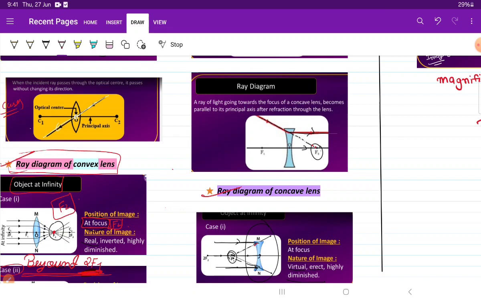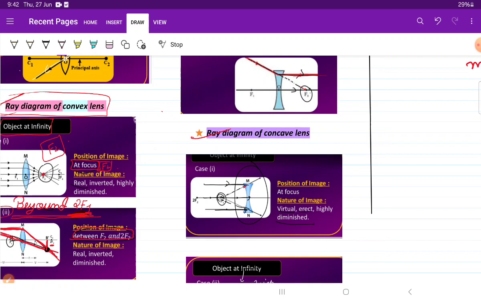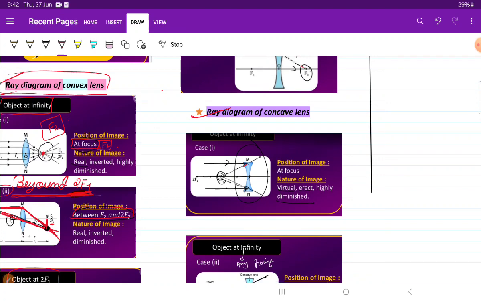One ray is coming from infinity and becomes parallel to the principal axis. Second law, the ray coming from the optic center goes through the optic center. And the third one is the opposite of the first case. That means the ray is parallel to the principal axis and diverges away from the principal axis. Yes, students.